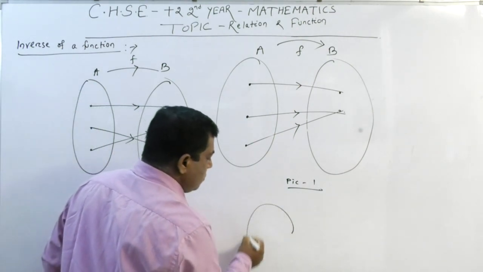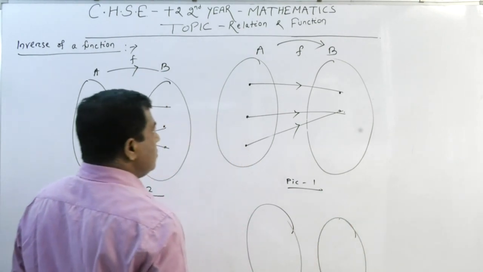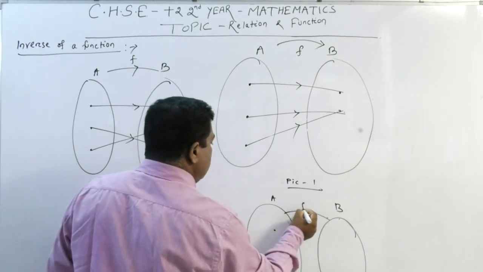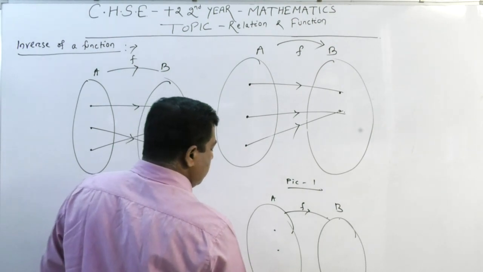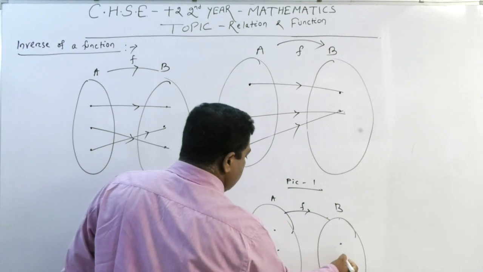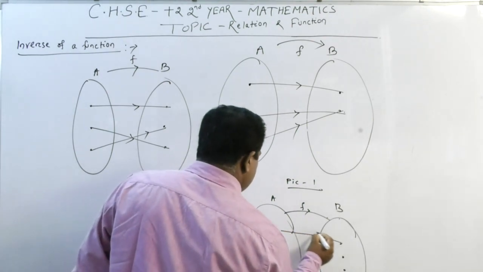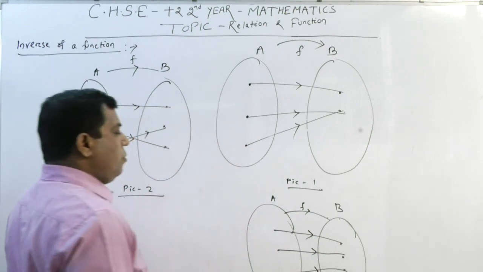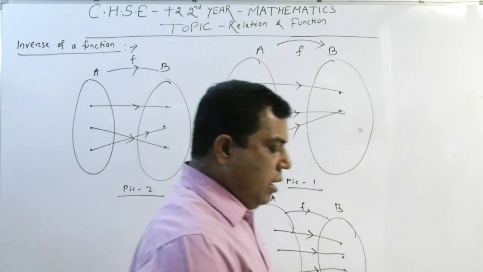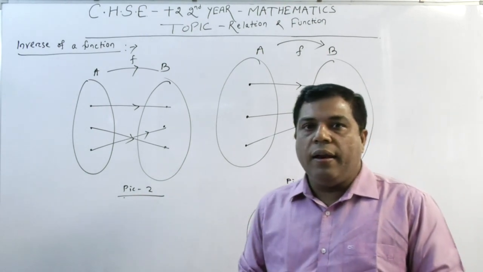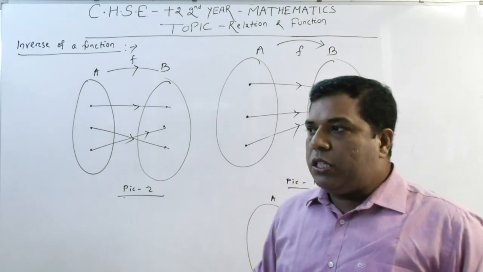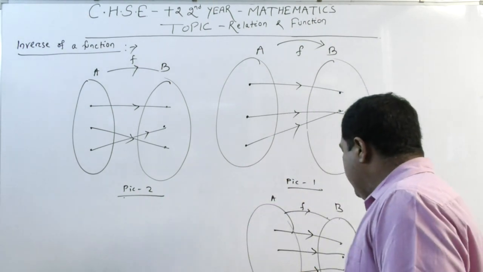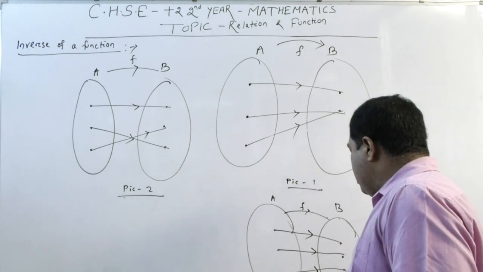You see, let the function be defined from A to B. Okay, so these three pictures are there, and we will see when and where the inverse function of these functions in picture 1, picture 2 and picture 3 can be defined.